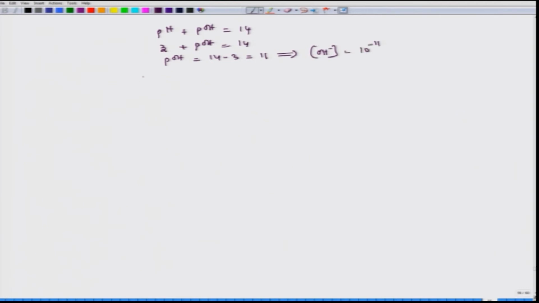Now, Ksp remains same. So, Ni plus plus times OH minus whole 2 equal to Ksp equal to 1.6 into 10 to the power minus 16.